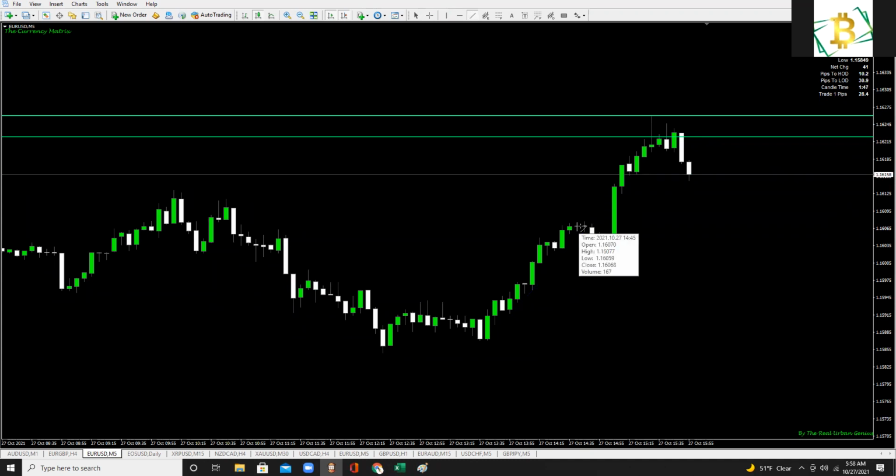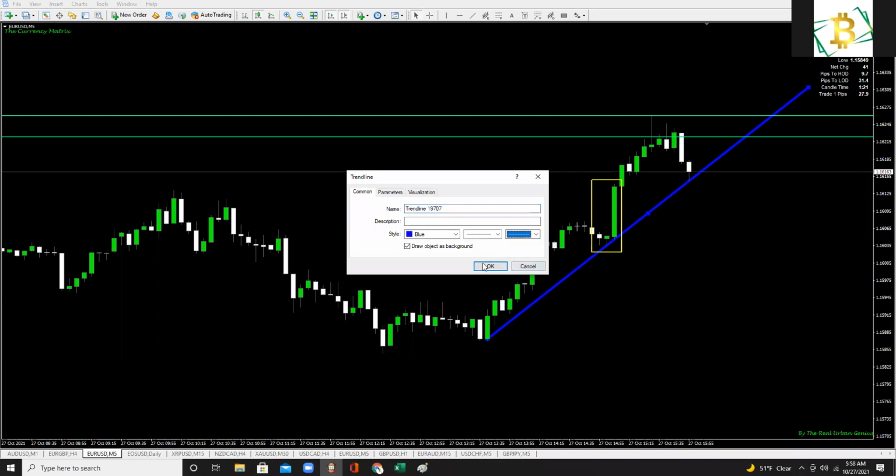Bears. Doji, doji, doji, doji. Swing low, bullish engulfing. So now swing low to the new swing low and beyond.